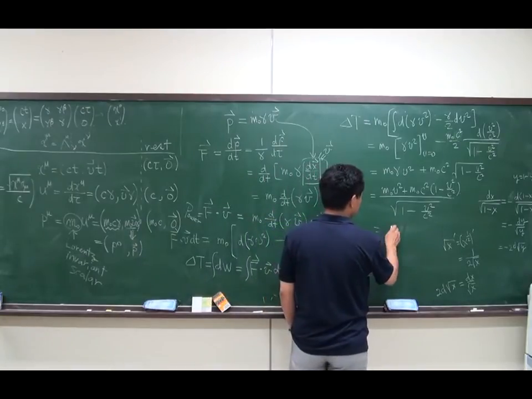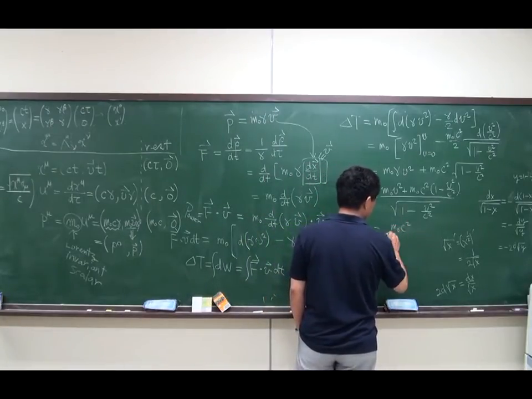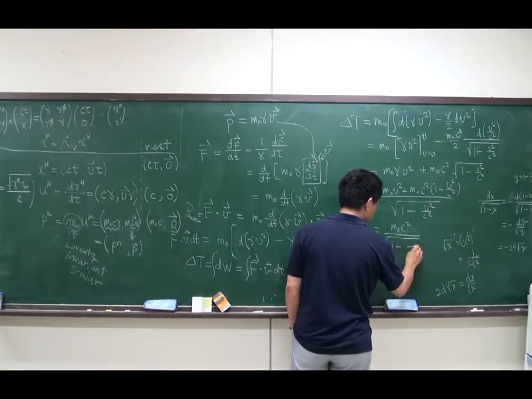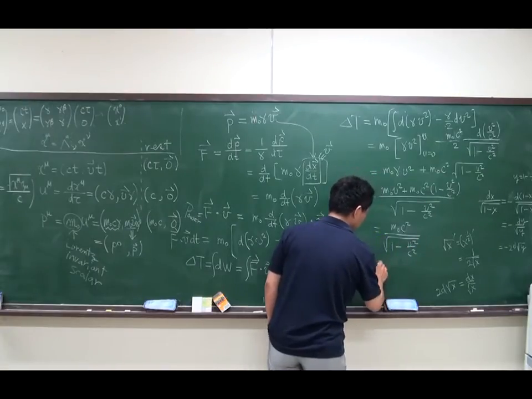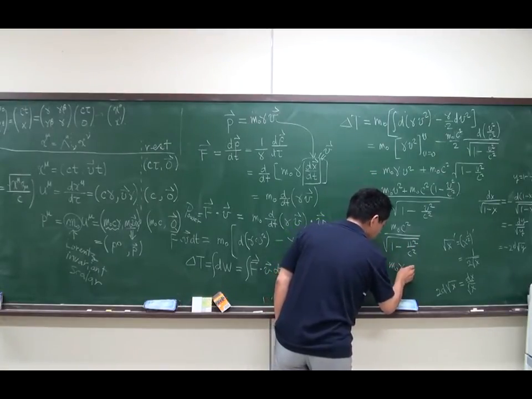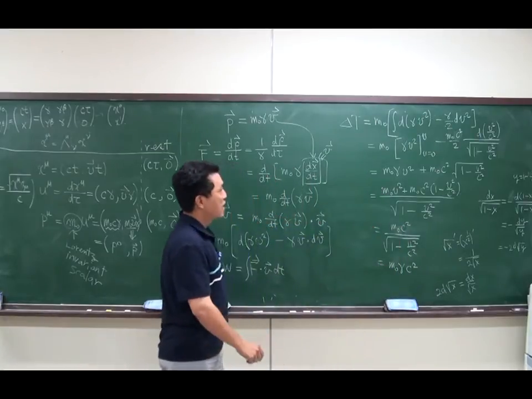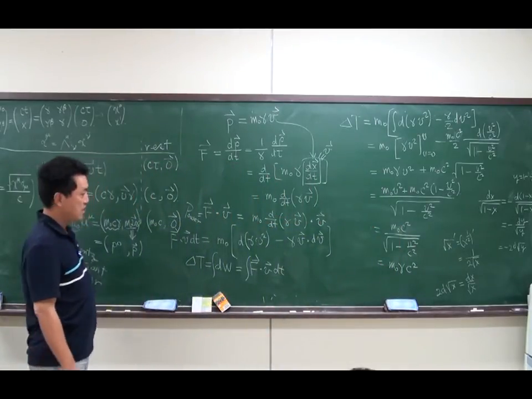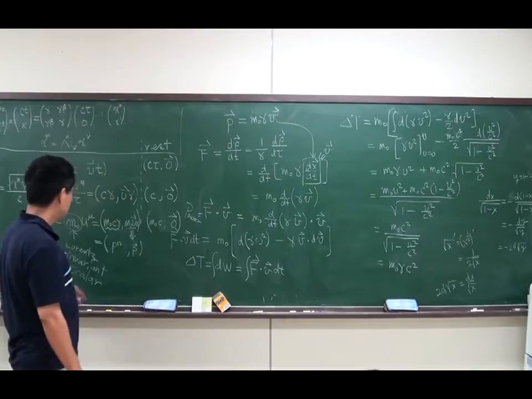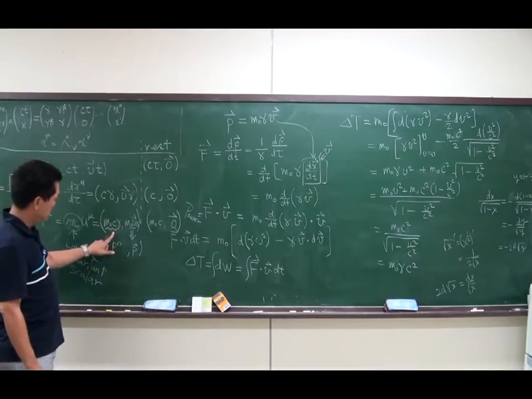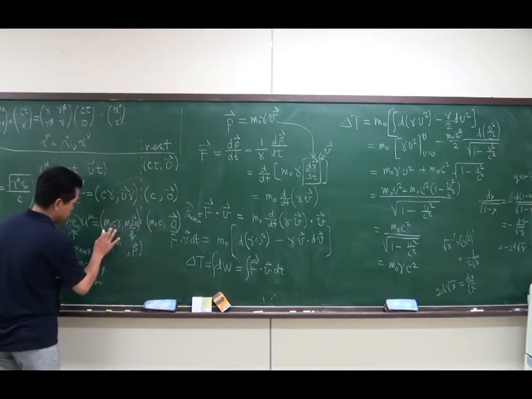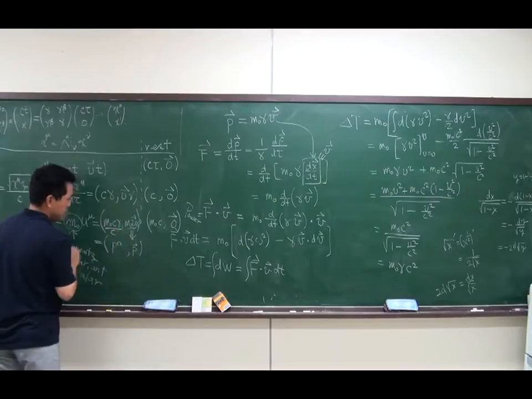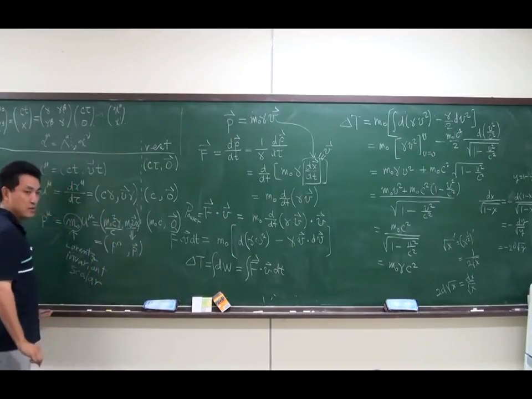The answer is m0 c squared times gamma, that is m0 gamma c squared. Aha. What was that? If I put c in the denominator, it becomes m0 c squared.